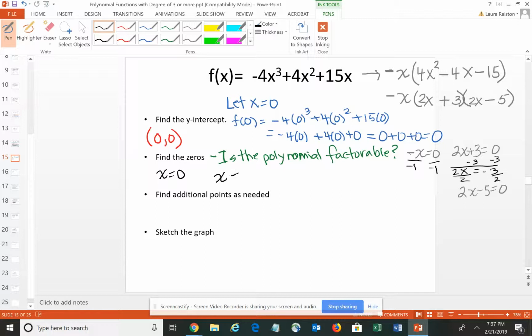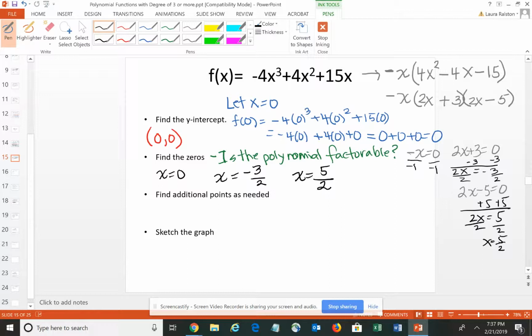So I get x equals negative 3 halves. And then add 5, add 5. 2x equals positive 5, divided by 2, divided by 2. So x is 5 halves. Okay, so x equals 5 halves. And we said earlier we should have 3 zeros, and I have 1, 2, 3 answers.